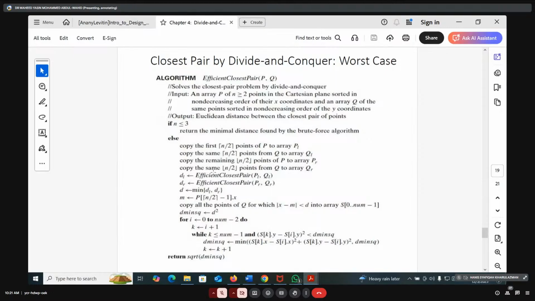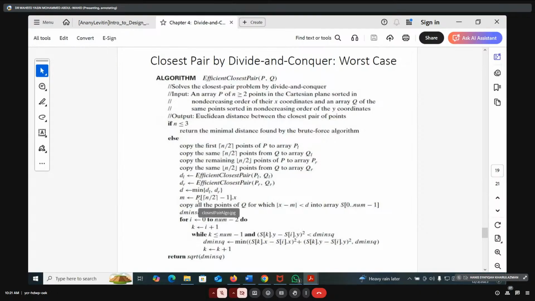So here I will call this and divide the plane into left and right, left and right, left and right, until I find the minimum. Then here I say d equals minimum of dL and dR. Minimum means give me the minimum value of the distance left and the distance right. Then m equals the median.